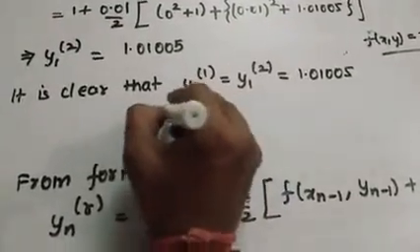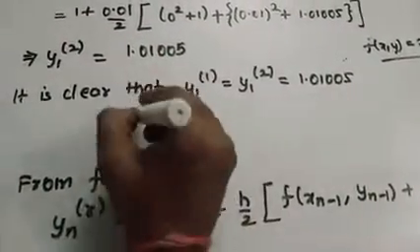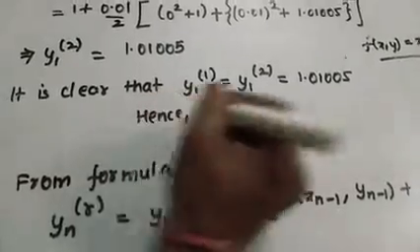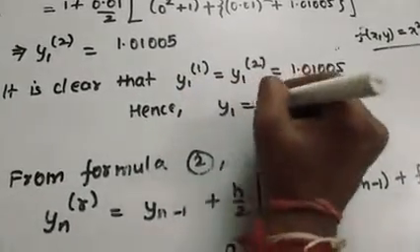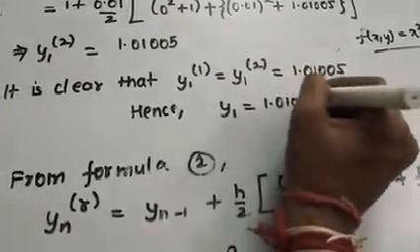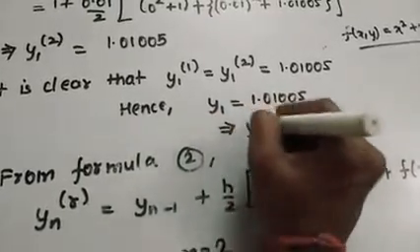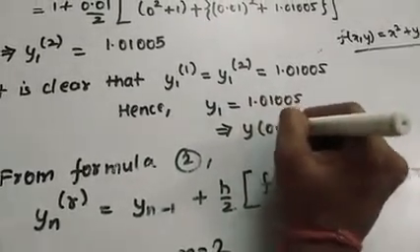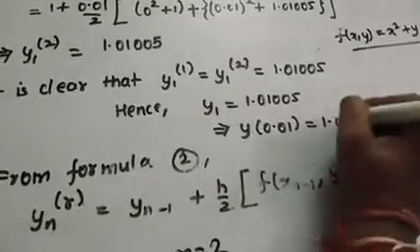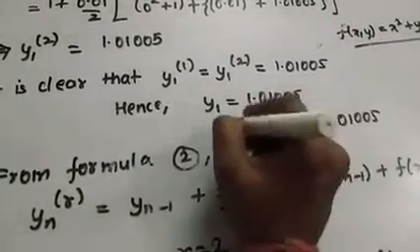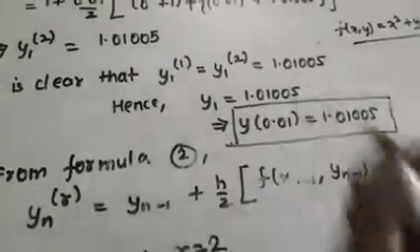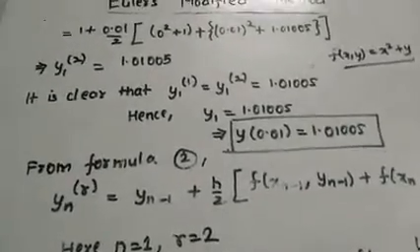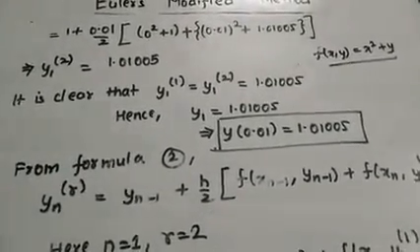Hence y1 equals 1.01005, or y of 0.01 equals 1.01005. So we have found our y1. Now using this data we are going to find our y2, which is the desired one.